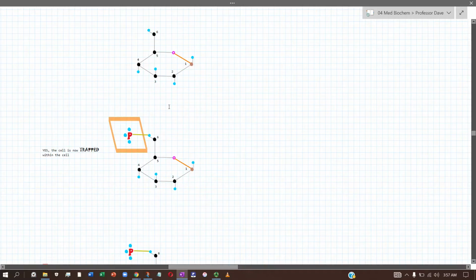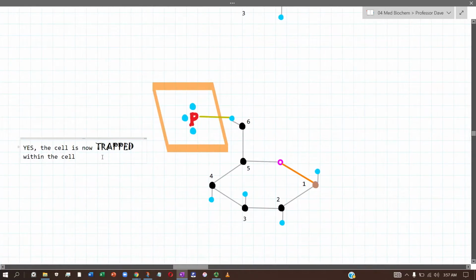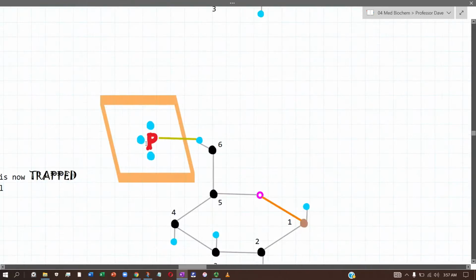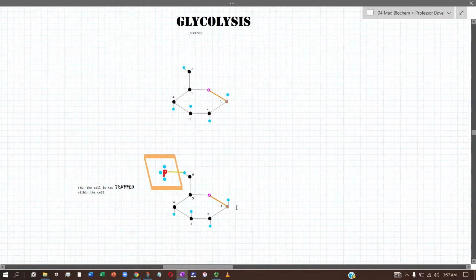In this case, you can see that a phosphate group was added within this highlighted orange box. What this does is trap the glucose molecule within the cell. Now that it has this phosphate covalently bonded, it is virtually impossible for it to passively diffuse out of the cell through the plasma membrane.